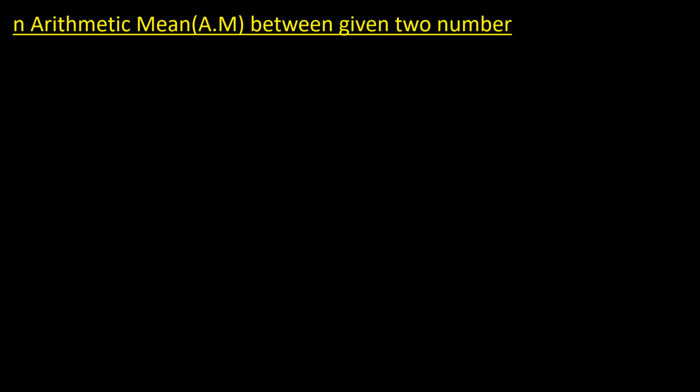Now we want to find n arithmetic means between two given numbers. Let's say the given numbers are a and b, and we put n arithmetic means between these numbers, a1, a2, and so on. By definition, the sequence must be in AP, right?